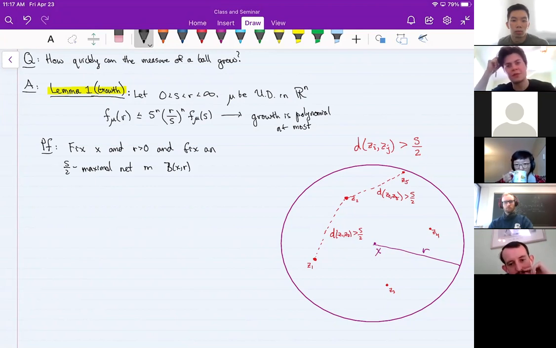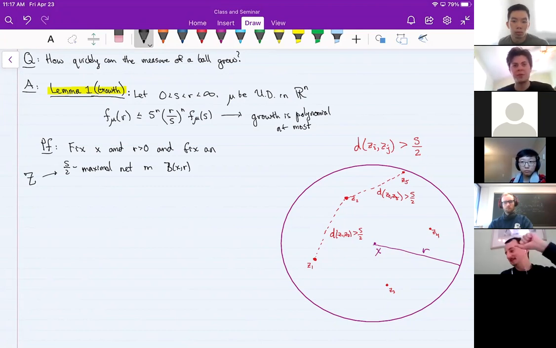It's basically this collection of points I'll call Z. So I'll call this net Z. Here I've drawn just z1 through z5. It's basically just a collection of points sitting in the ball, which are spaced at distance greater than or equal to s/2, and I fit as many of them in there as possible.